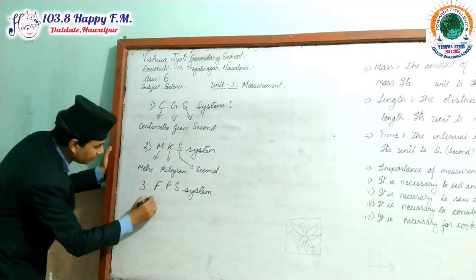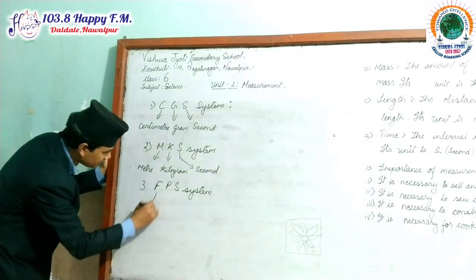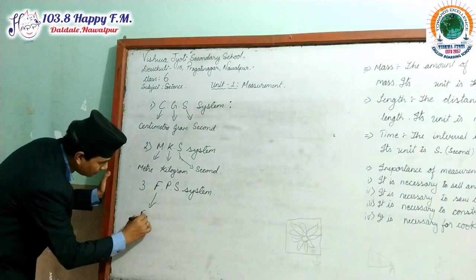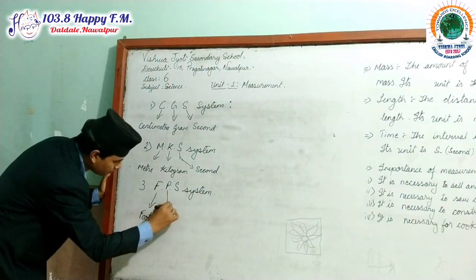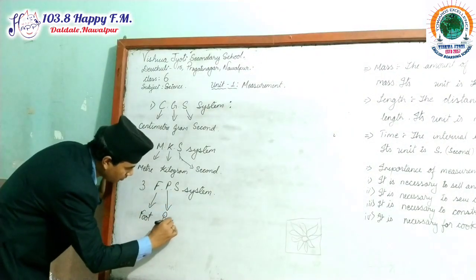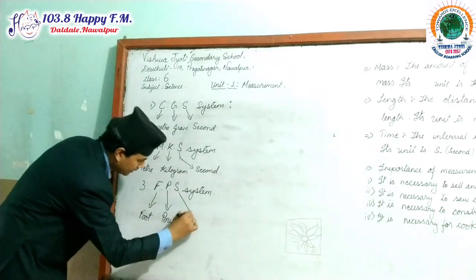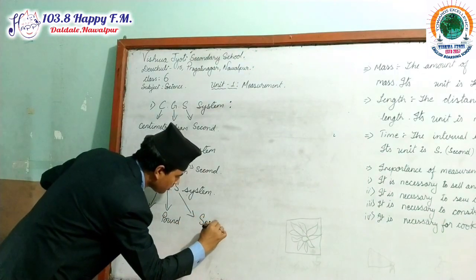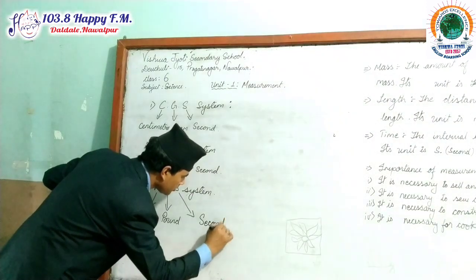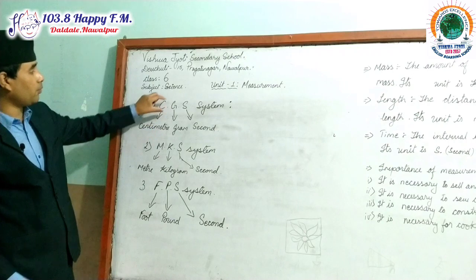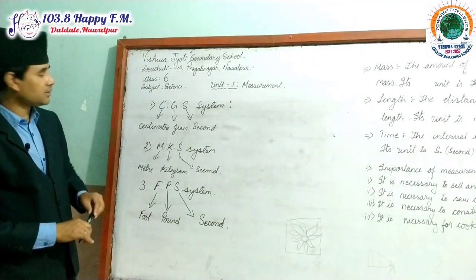The last one here, FPS system. In FPS system, the length of anything is measured in foot. Mass of any object or body is measured in pound, and time remains as usual in second. These are the basic things we should learn in class 6.